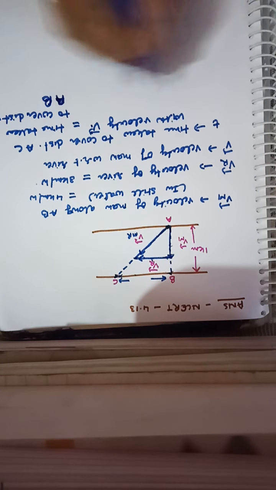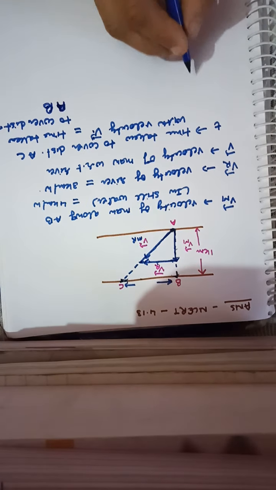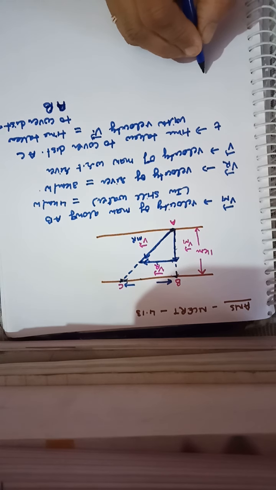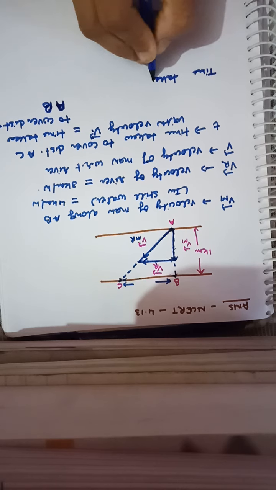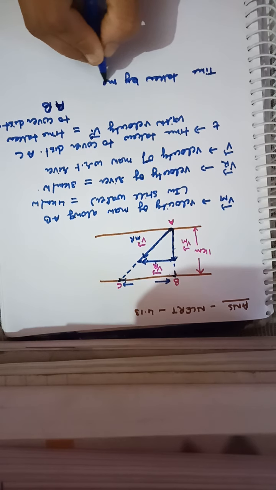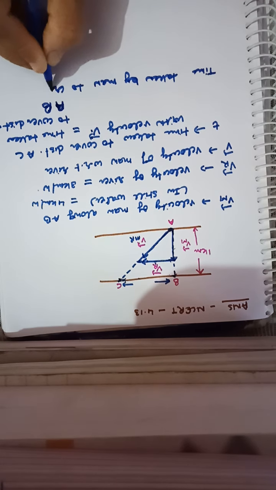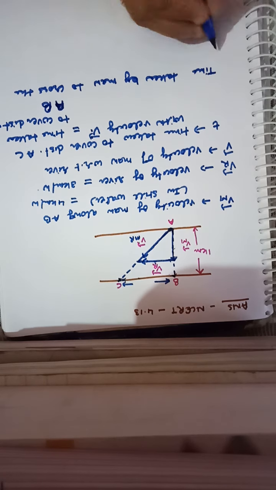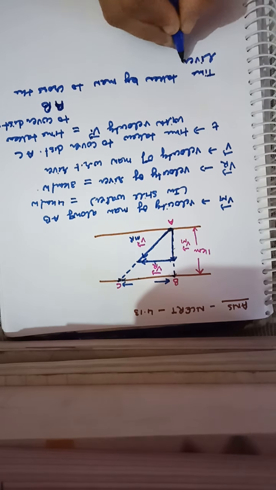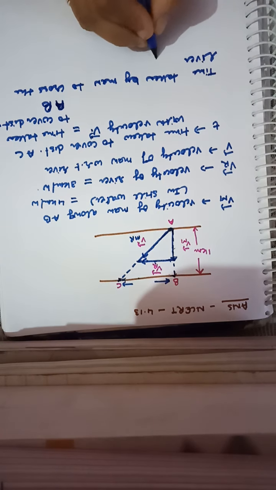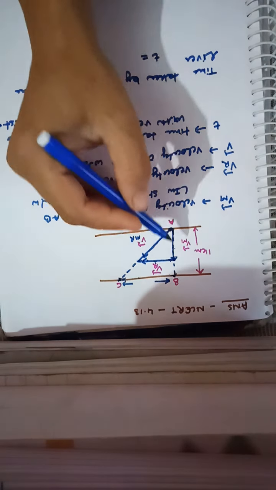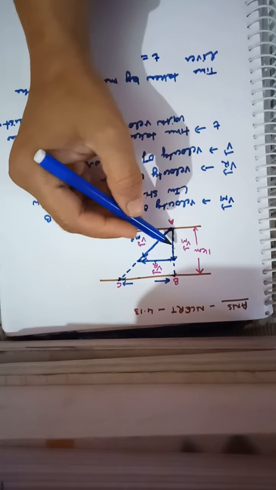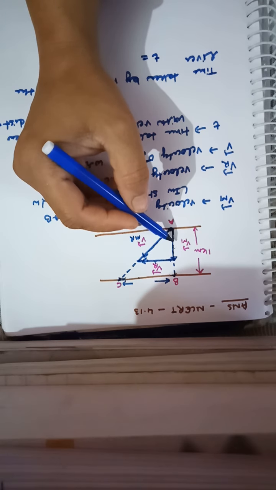Okay, so in this condition, now we will find out the time taken by the man to cross the river. Time taken by the man to cross the river is t, and this t will be equal to what? This t, time taken, is equal to distance upon speed.